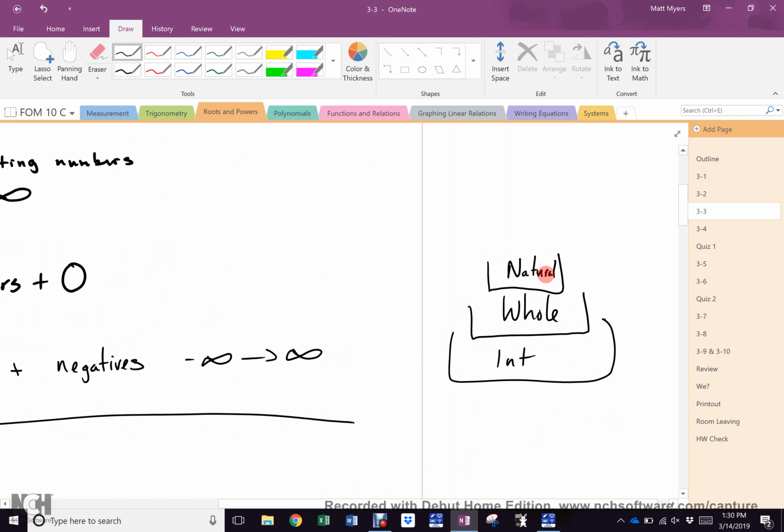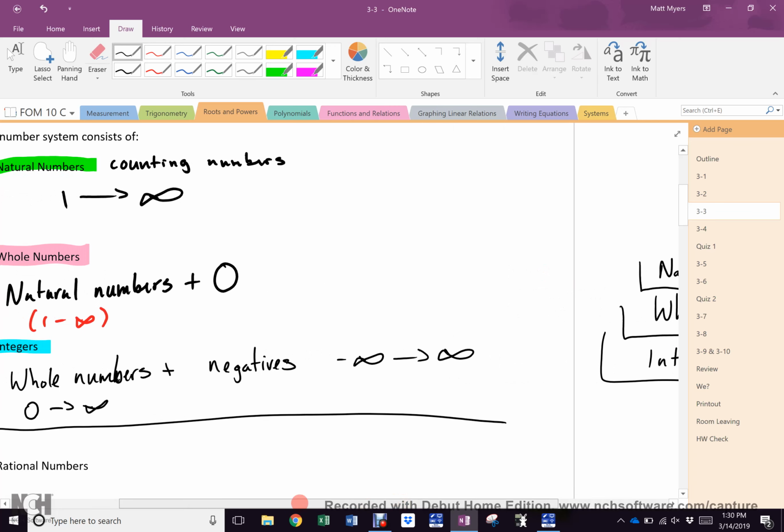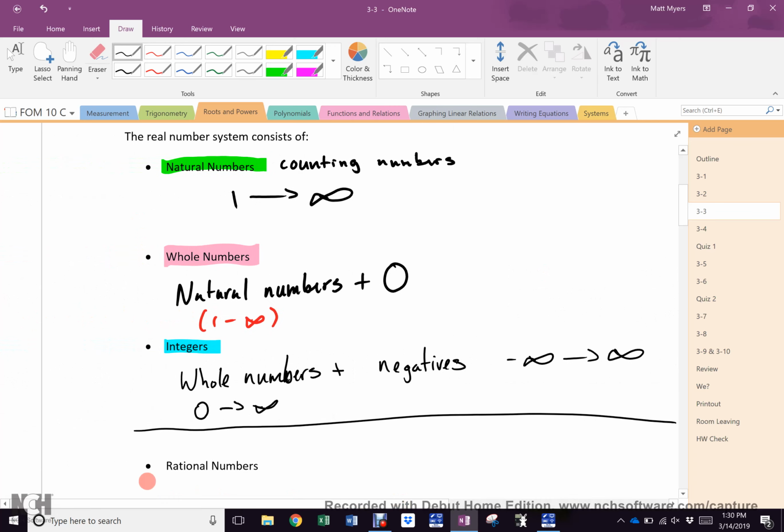Everybody cool? We're getting to that. These three things are no fractions and no decimals. They aren't allowed in those three.